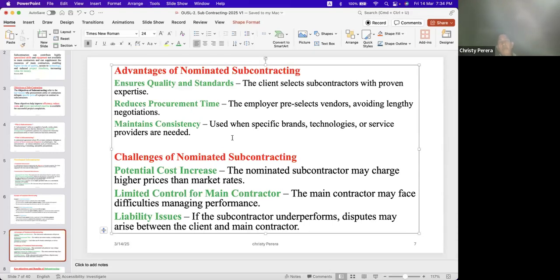They asked me to give, it's not really a nominated subcontractor, but they suggested one subcontractor as a nominated subcontractor, because they can get the items. For example, they wanted specific computers and screens and all these things.